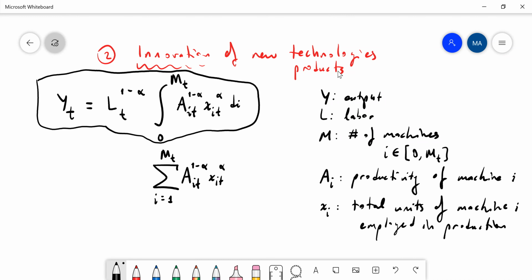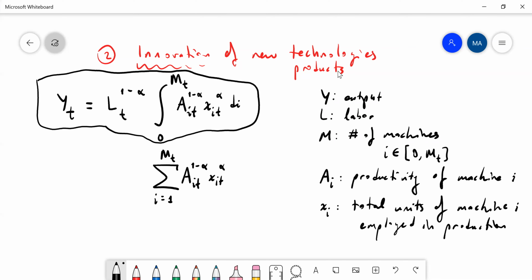So let's say 5 machines from machine i, 6 machines from machine j, etc. There are many machines, and each of these machines, or intermediate inputs, or tools, or equipment, whatever they're called, each of them has a particular productivity for your production technology.